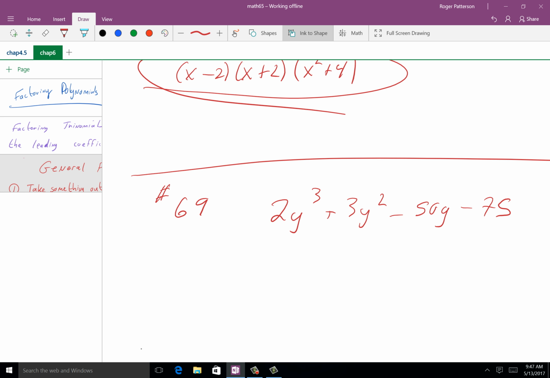What about the second one? What can we take out of that? 25. Now that's a minus, so this has got to be a minus also, right? What are we left with? 2y minus 3, plus 3. Hey, how about that? It is a grouping one. So what's the answer here? 2y plus 3 and then y squared minus 25.